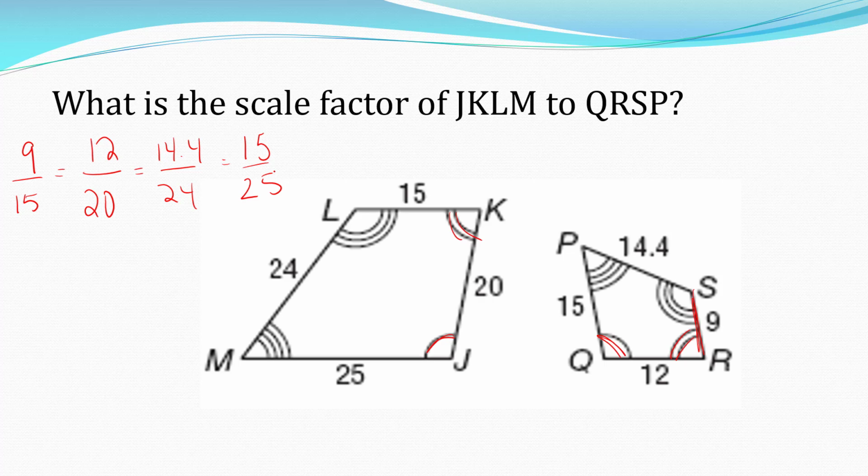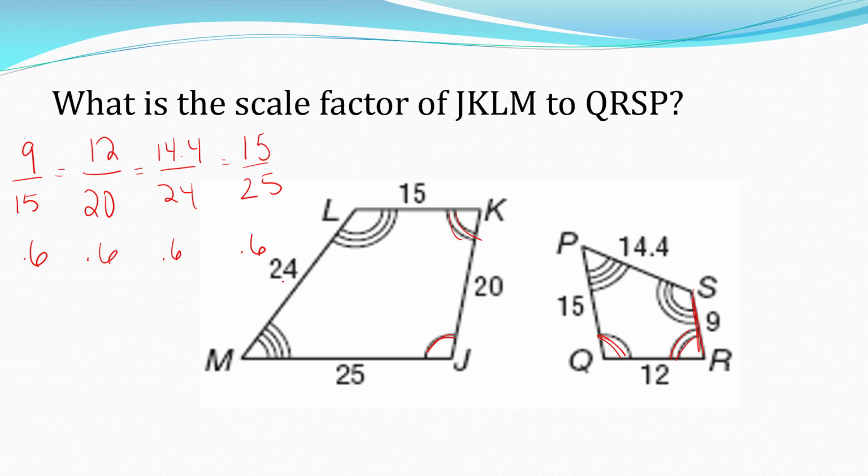So let's do 9 divided by 15 is 0.6. 12 divided by 20 is 0.6. 14.4 divided by 24 is 0.6. And then 15 divided by 25 is 0.6. So these are all proportionate.